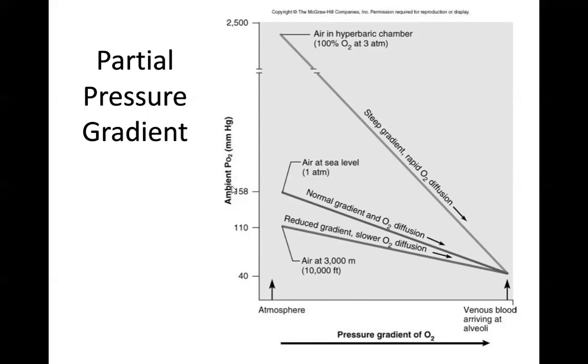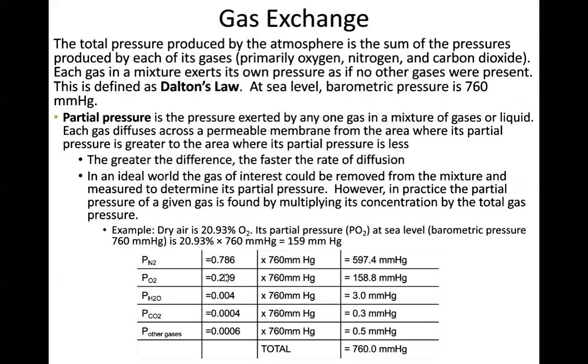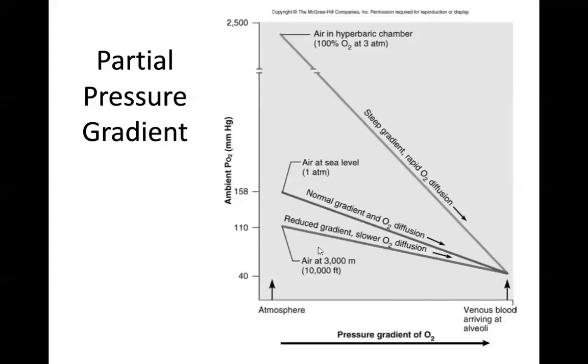Ambient refers to outside the body, like what the person's breathing in from the atmosphere at sea level. And we calculated this by doing 0.209 times 760. There's your 158, 159, somewhere in that neighborhood. PO2 in the air surrounding us at sea level is right at 158 millimeters of mercury. PO2 in the blood arriving in our alveoli is somewhere around 40.